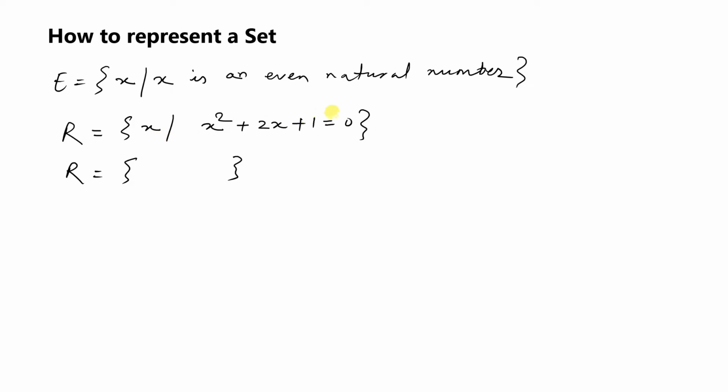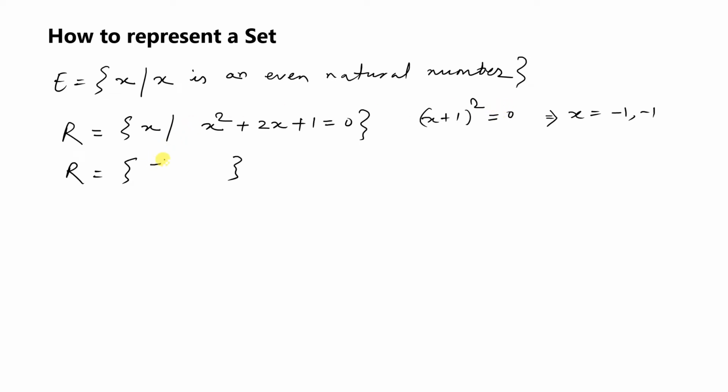Actually x plus 1 whole square, so x is equal to minus 1 twice. Because it's a quadratic equation, there will be two roots: minus 1, minus 1.